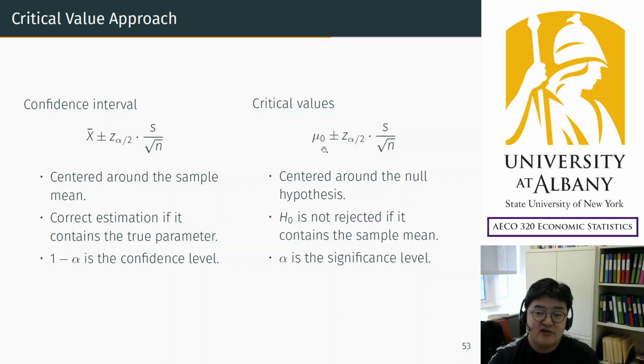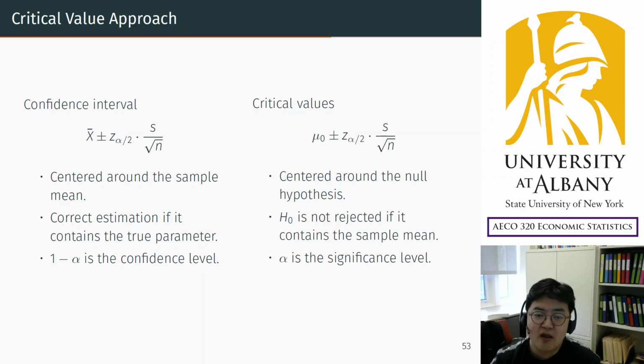So if the sample average belongs to this interval, then your belief is correct. That's how you interpret these two similar formulas. They are similar, but it's the comparison between these two. I think this is the best way to explain the philosophical difference between estimation and hypothesis testing.